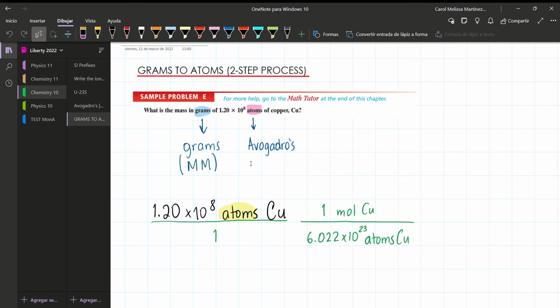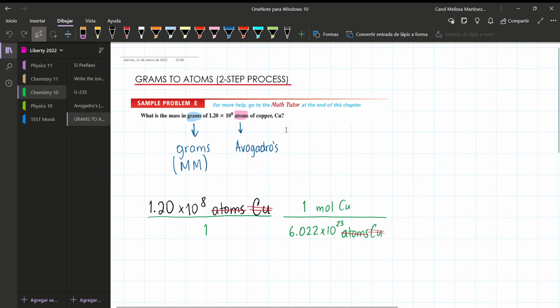With this, you can see that we should be able to eliminate atoms with atoms and copper with copper. Now, if I solve this, it's going to give me moles of copper, but the problem is not asking me moles. The problem is asking me grams. So let's solve this first part, then we continue.